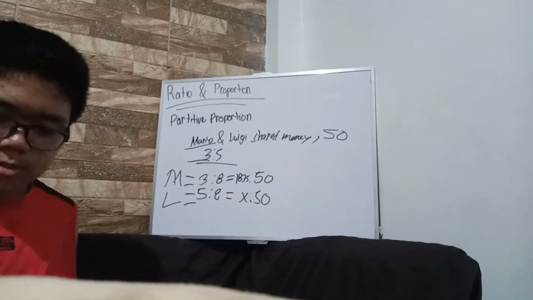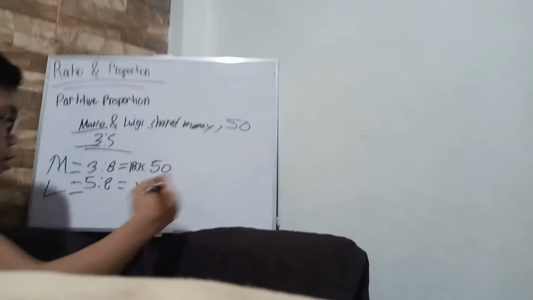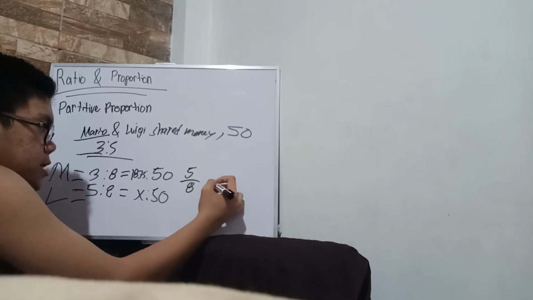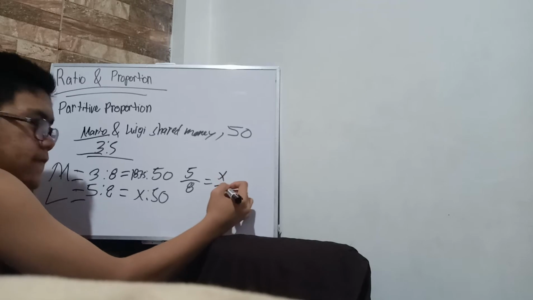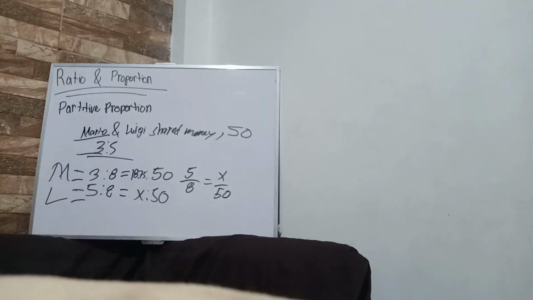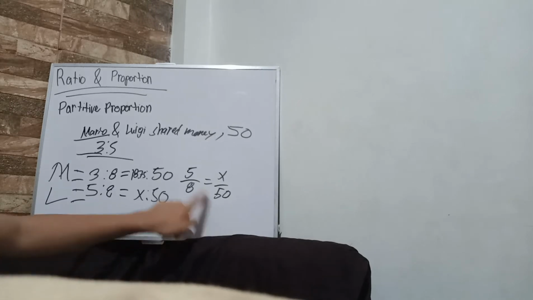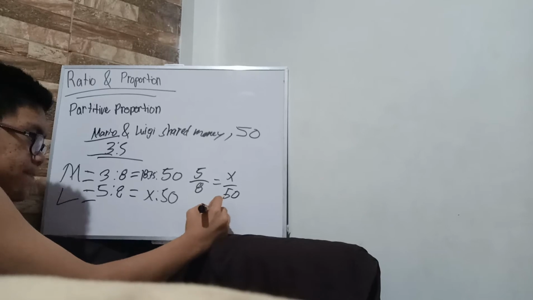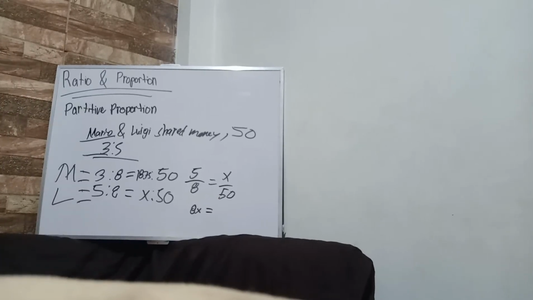Then x is to 50. So cross multiply: 8x equals 5 times 50, which is 250.